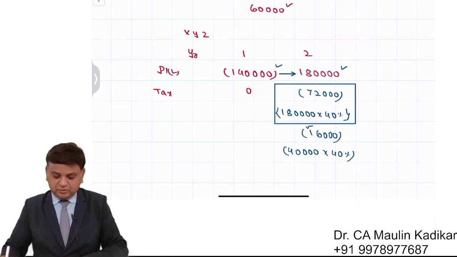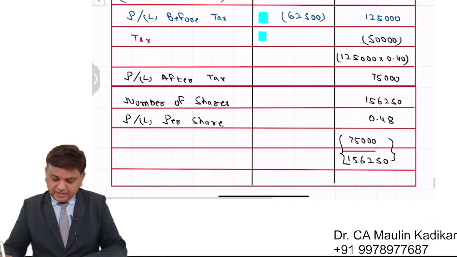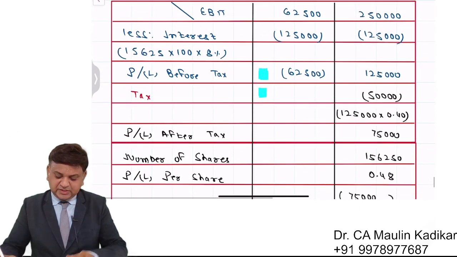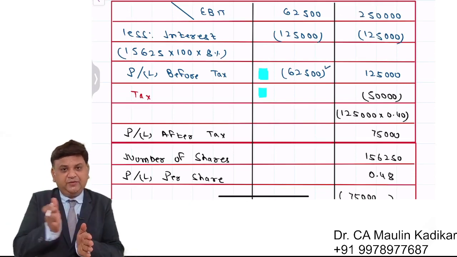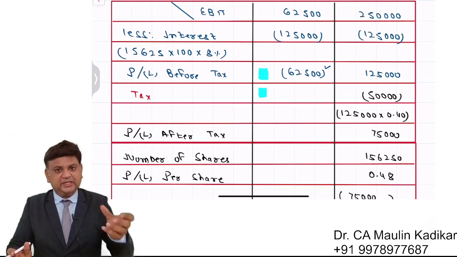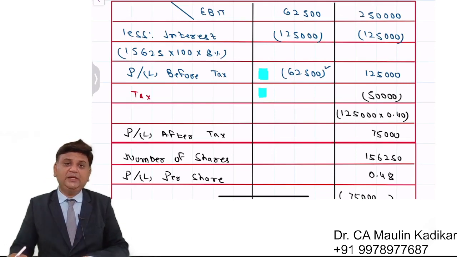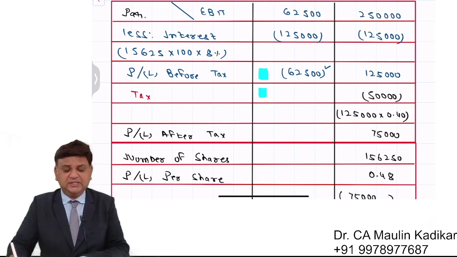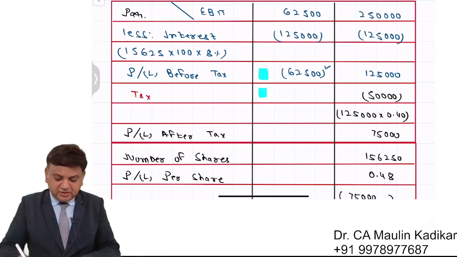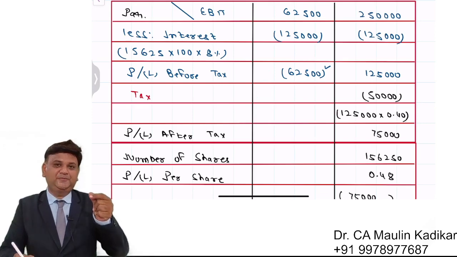Now let us come back to the point. Whether this company, which has a loss of 62,500, will be carrying forward the loss, or will get the advantage of the loss tax saving immediately because of the other businesses, as such there is no clarification in the question. However, we will consider that the company will get the advantage of the loss tax saving immediately.